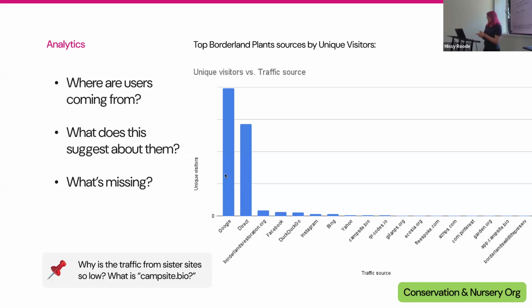Then the next after that is direct, which usually means that people are typing directly in, in this case, borderlandsnursery.org. They're typing directly in. And so I always advise everyone to be very cautious about direct. Direct will grab anything that is unsourced.